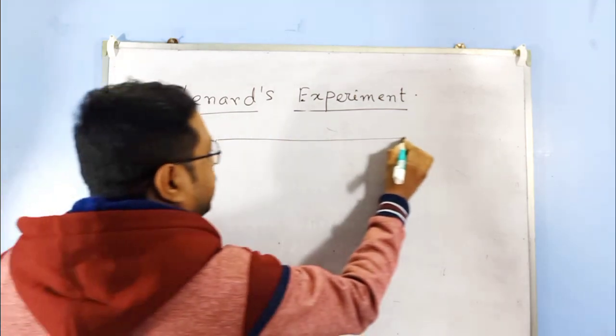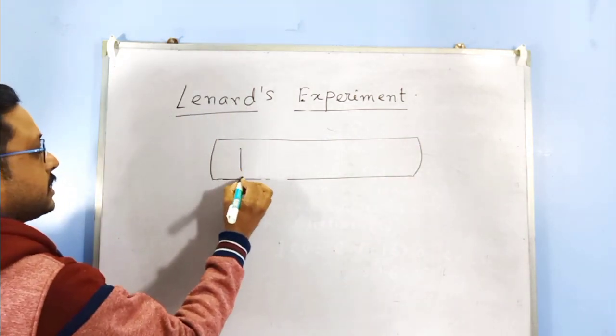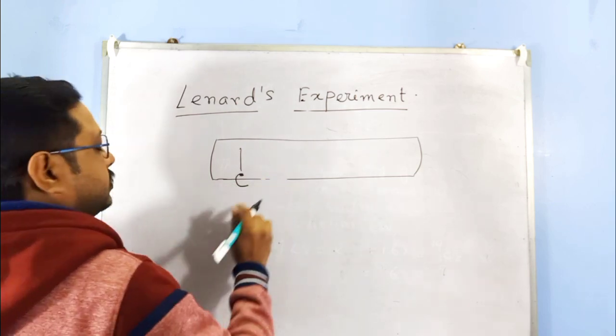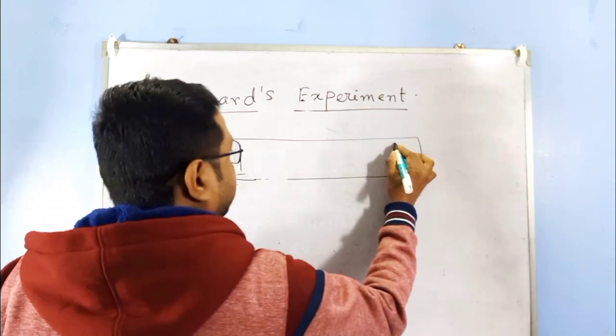In an evacuated glass chamber, he put two electrodes. One is the cathode C, and one is the plate or anode.